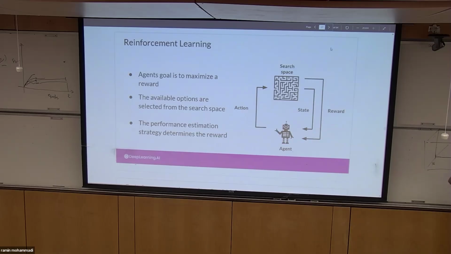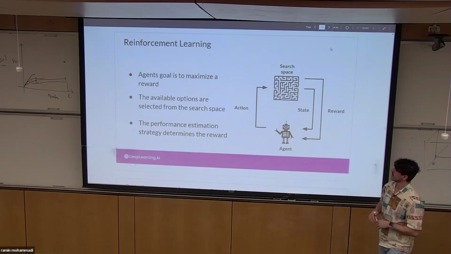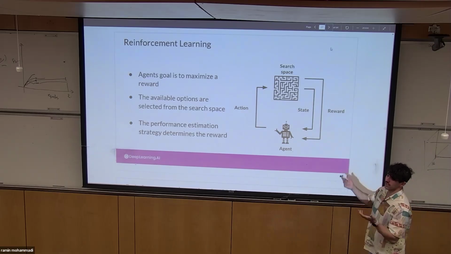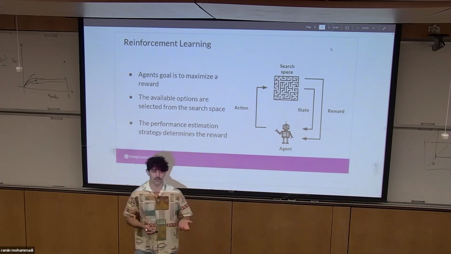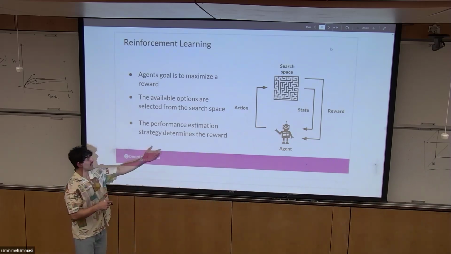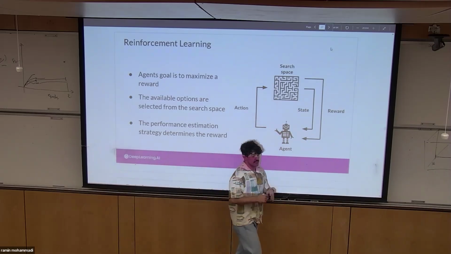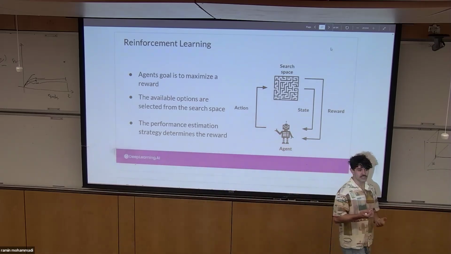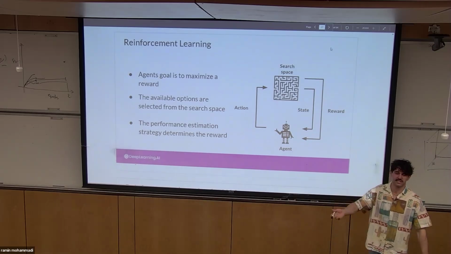So far we're just talking about the search strategies, how we can build this together, right? The next one is reinforcement learning, which I don't know if you have taken a course on before. The idea is that you have an agent and a search space, and the agent goes through this search space and takes the best action.